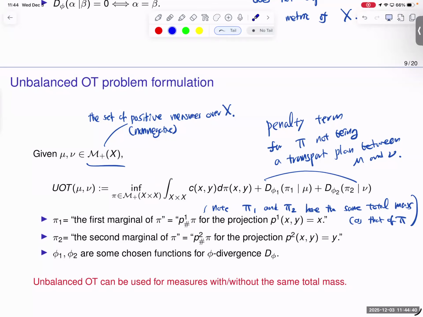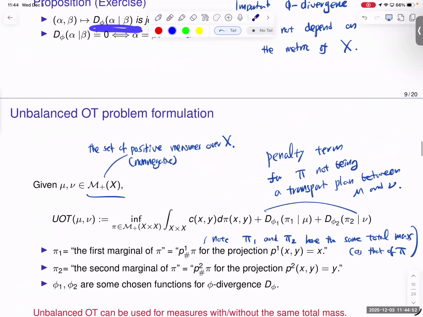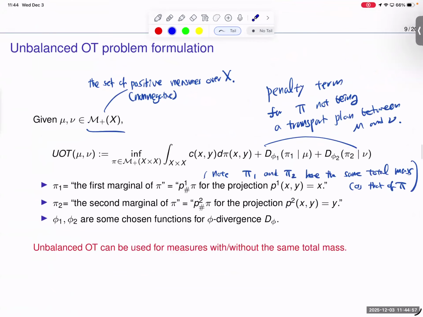I think it is. Yeah. So this is linear in pi, right? And then this one, if you go back, it's jointly convex, right? So it's convex in pi 1, also in pi 2. So these are convex functions in the usual vector space convexity.